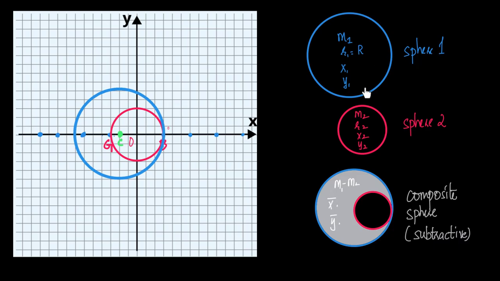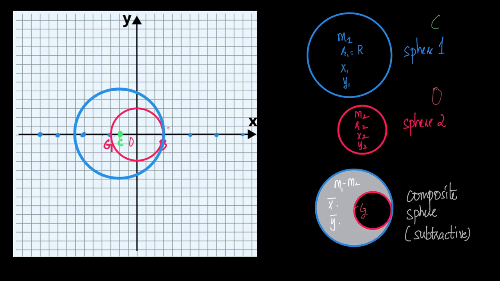Sphere 1, the largest sphere, which is centered at C. The smaller sphere, which is cut off, sphere 2, which is centered at O. And we have the composite figure, which is the largest sphere minus the smallest sphere, the subtractive composite figure with mass m1 minus m2, which is having a center of mass x bar comma y bar, at position G.